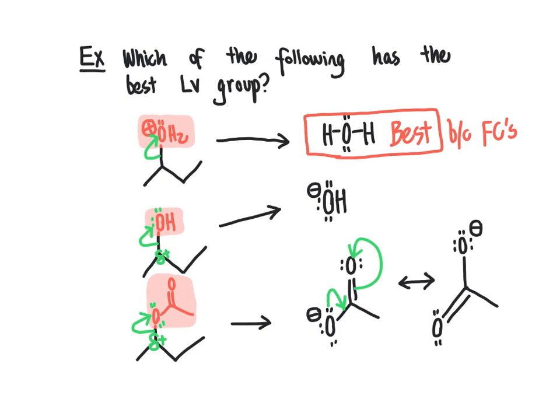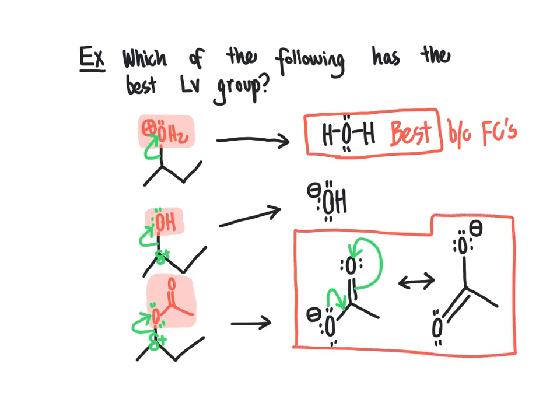Sharing is caring. Sharing is going to create a more stable product than the situation above with the hydroxide anion where the electrons can't be fully shared by resonance. So we're going to rank this as second best. And it's second best due to the effect of resonance. And our big loser here is going to be the hydroxide anion. It is going to come in last place.